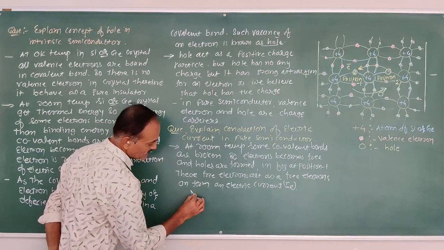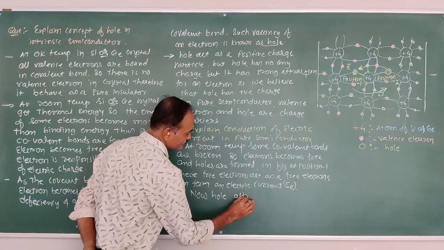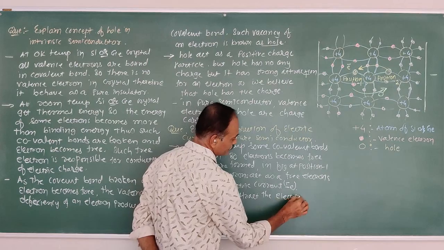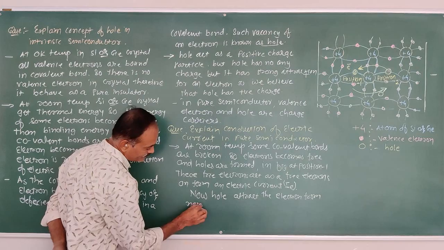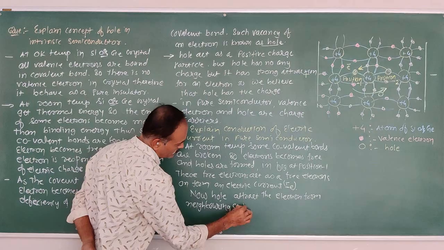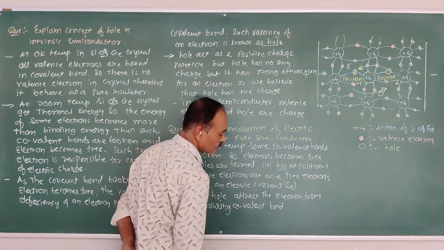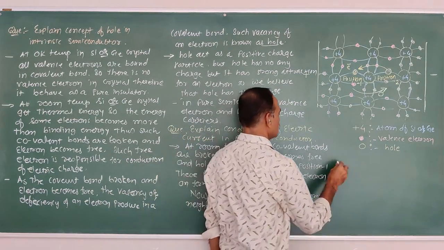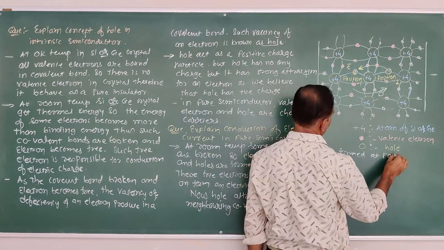Now, the hole has attracted the electron from the neighboring covalent bond. Thus, a hole is formed at point 2.